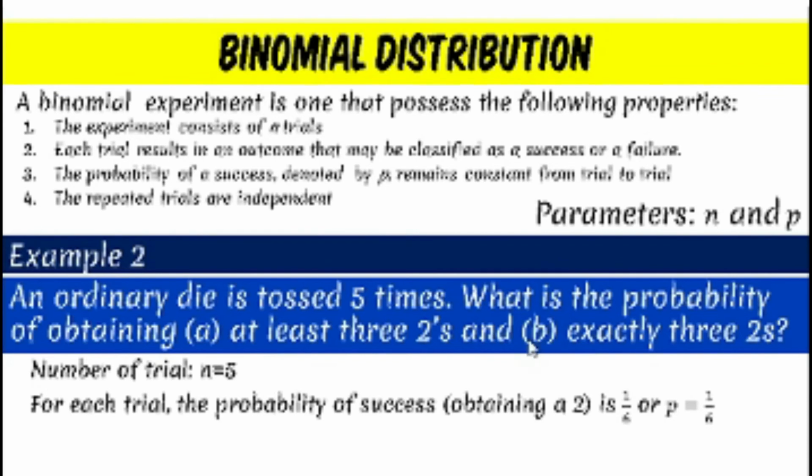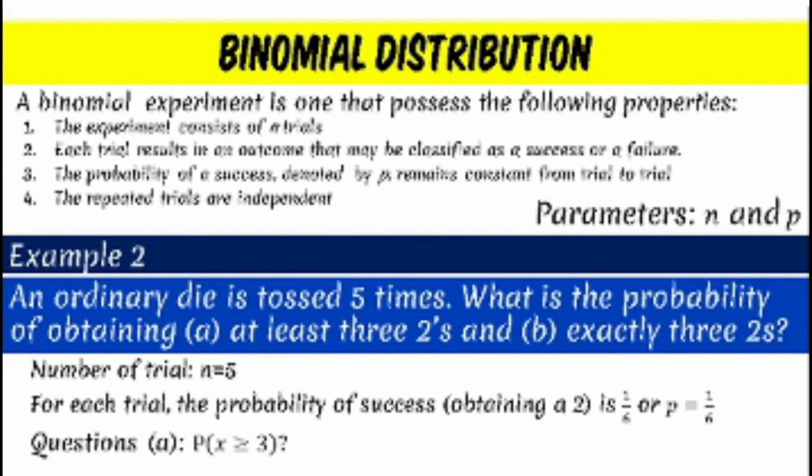Let us mathematically write the problem so it would be easier for us to compute the corresponding probabilities. So what's letter A? It's at least 3 twos. When we say at least, the least number of 2s that we could have is 3. So it could be more than 3. It could be 4.